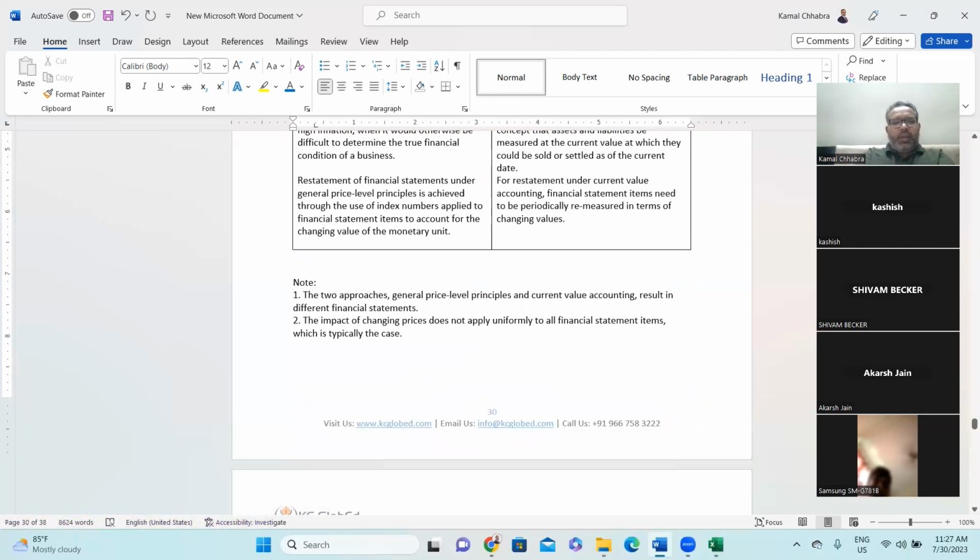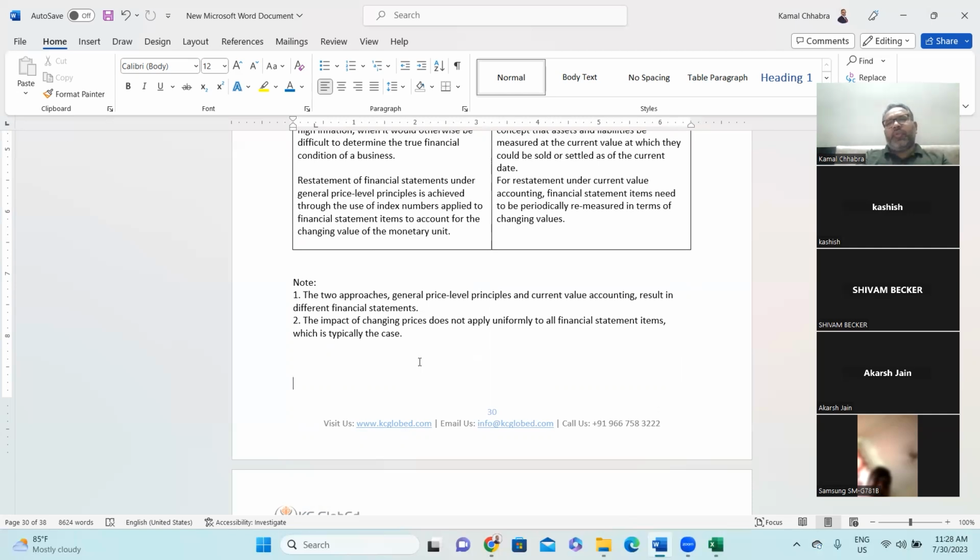Note over here is that the two approaches, general price level principle and the current value accounting, result in different financial statements. Both of them will give you different impact on the financial statement. They both are allowed as per GAAP, but again I'm saying this is recommendatory, not mandatory.